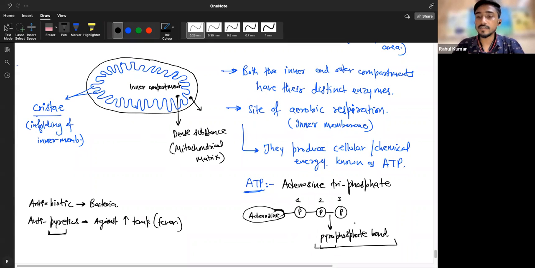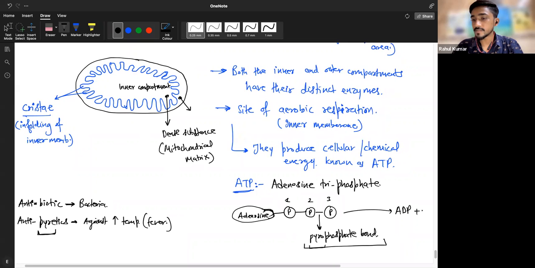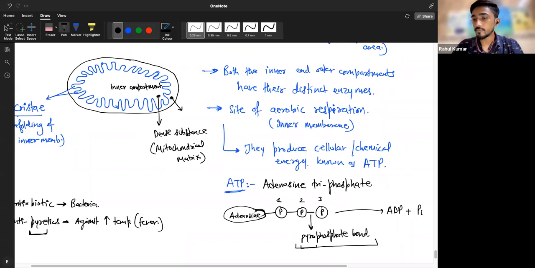Whenever you need energy, you just break this bond and convert this ATP into ADP, adenosine diphosphate, plus one inorganic phosphate will be released. So ADP plus phosphate, because this bond got broken and energy got released.